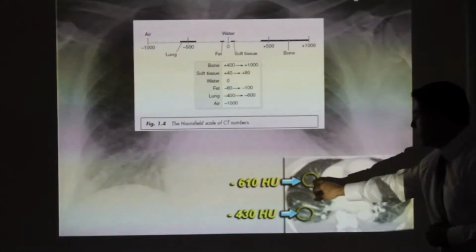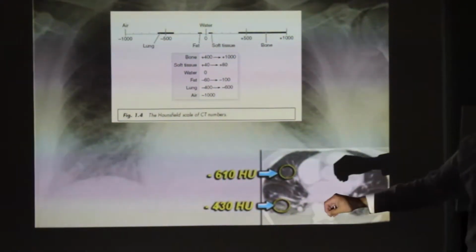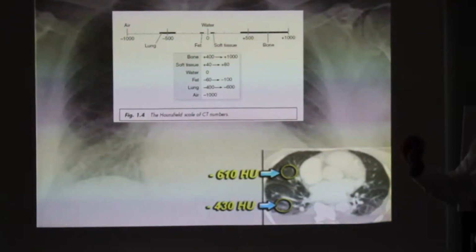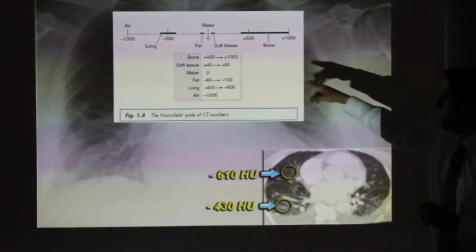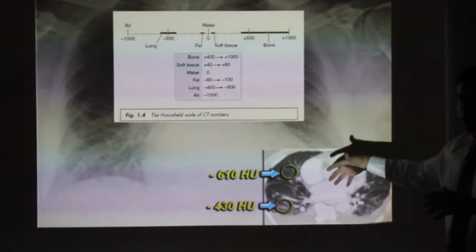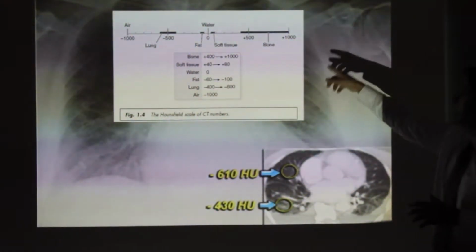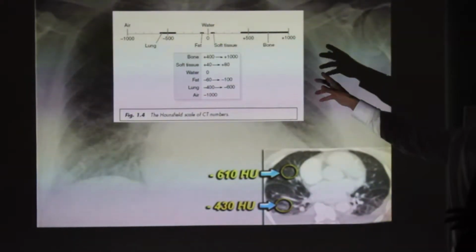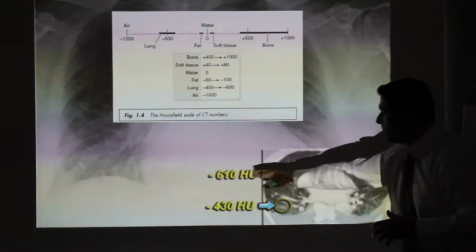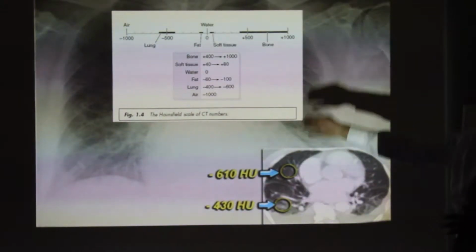Sometimes a little bit of detail here: the radiologist can do what we call the Hounsfield unit. I don't know if you guys know about the Hounsfield unit. It's basically a CT scan unit where minus 1,000 is air, plus 1,000 is bone. You look at the density and you come up with a unit. So it's a scale. Water is 0.